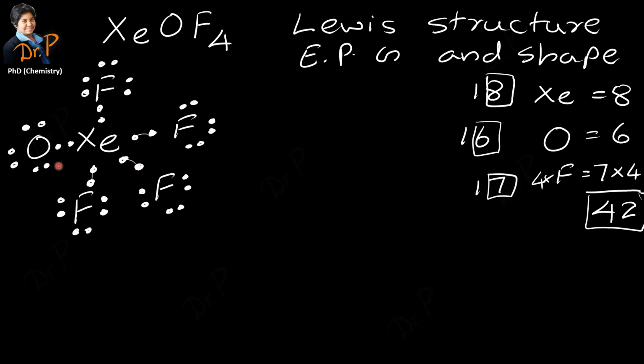Why is that? Oxygen and fluorine are in the second period. In the second period, they can have only a maximum of 8 electrons. Going into more detail, in level 2, the orbitals you have are s and p orbitals. In s orbitals, you have 2 maximum electrons, and you have 3 p orbitals.